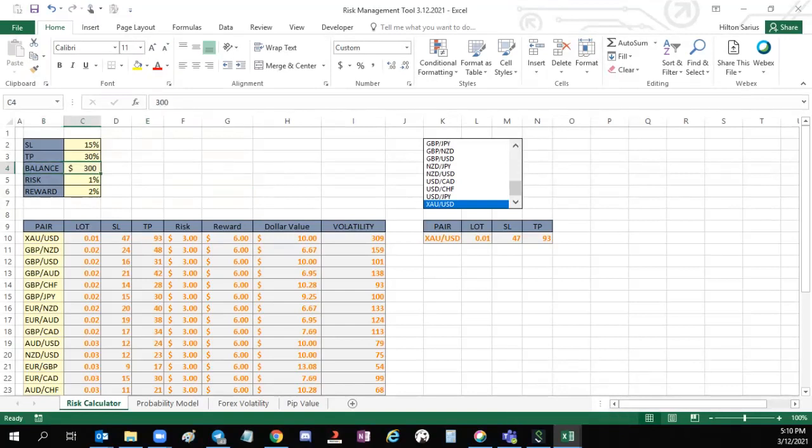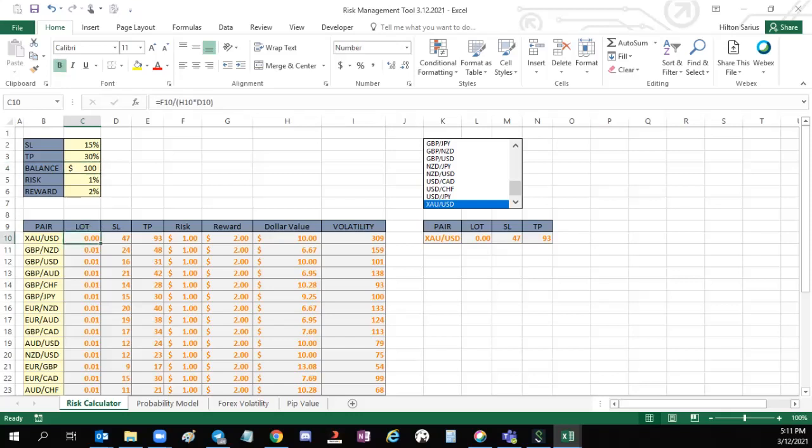So if you have a $600 account, as in the example I was giving, trade as if you have a $300 account. If you have a $100 account, you notice gold shows here your lot size is 0. That is because you should not be trading gold on a $100 account. Your account is too small.